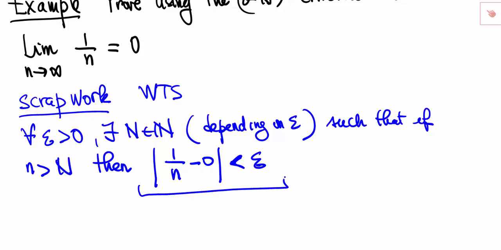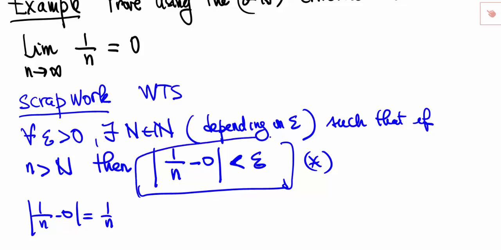Here's our conclusion. Notice that this is actually 1 over n. If I call the conclusion star, then star is equivalent to 1 over n is less than epsilon.